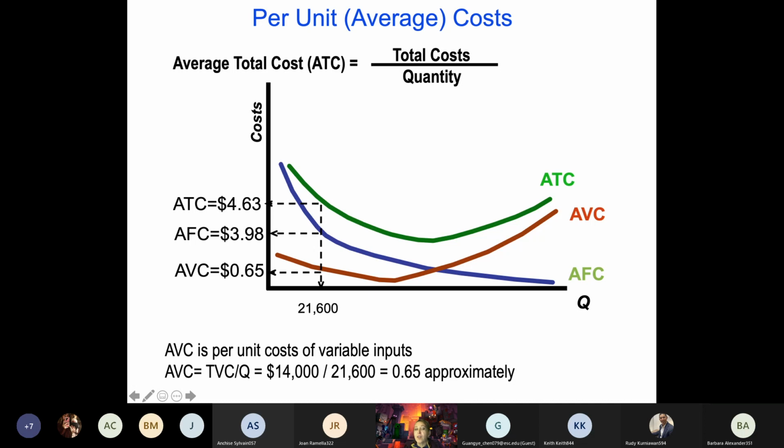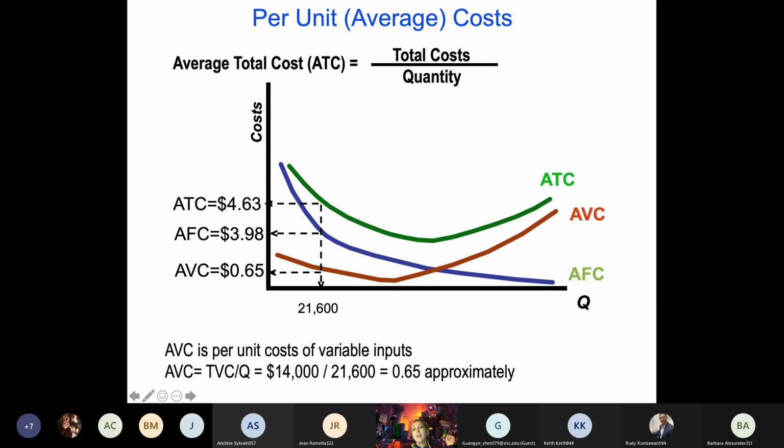Now let's compute average variable costs. We have total variable cost 14,000, and we have our output of 21,600. If we divide total by the output, we get the average variable cost, or variable cost per cup.